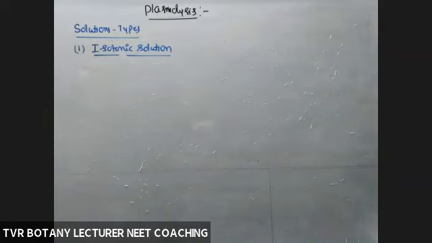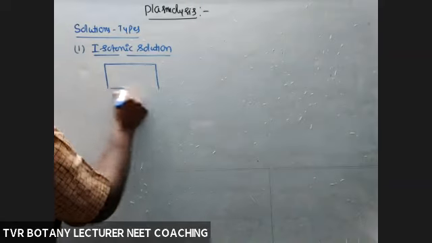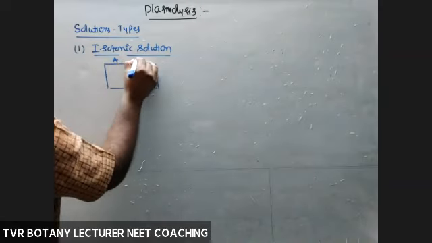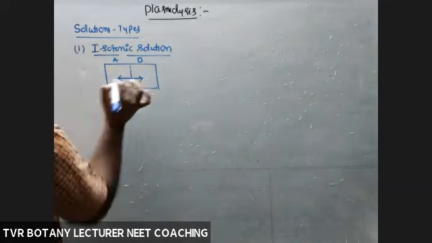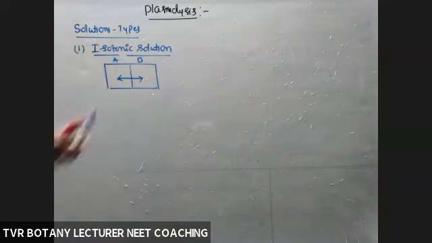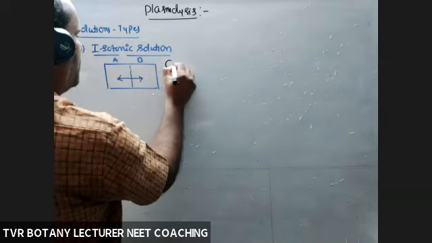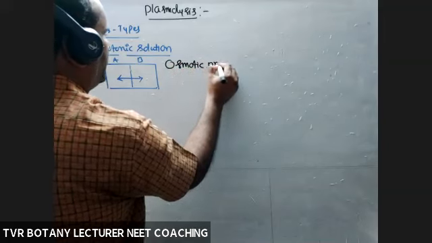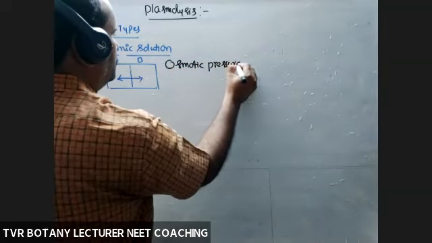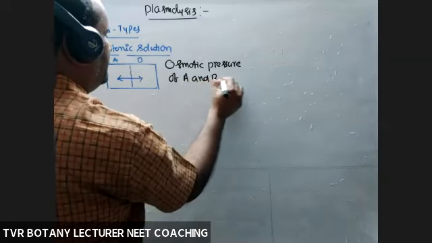They are at equilibrium. For example, take two cells. A cell, B cell. Two cells are there. So between these two cells, there is no movement of water. At equilibrium, this arrow indicates at equilibrium. So what is an isotonic solution? Given statement, osmotic pressure of A and B is same.